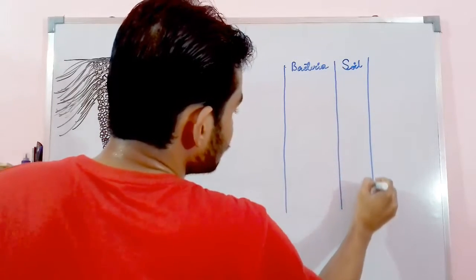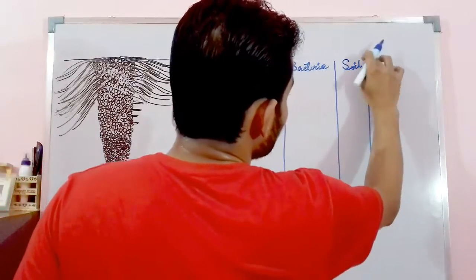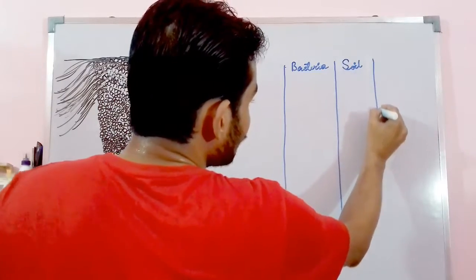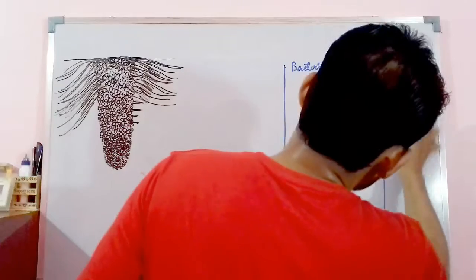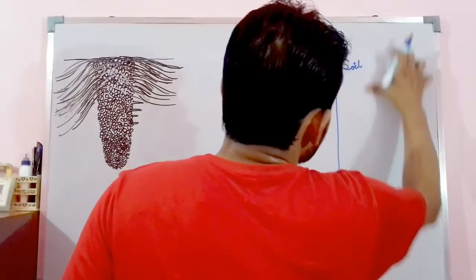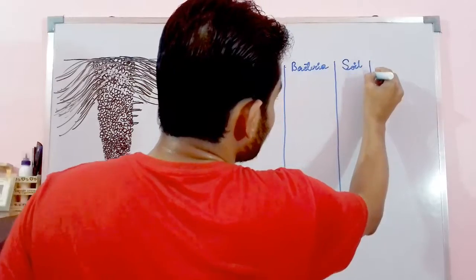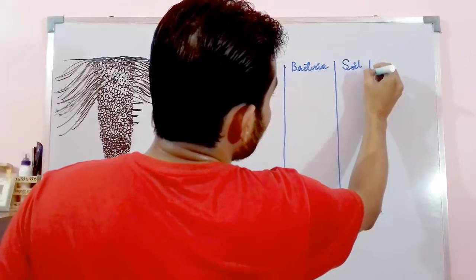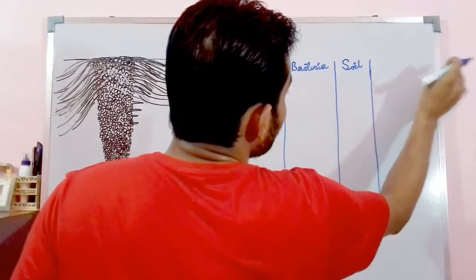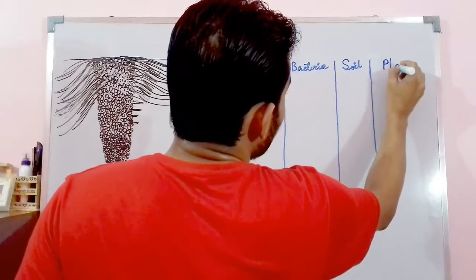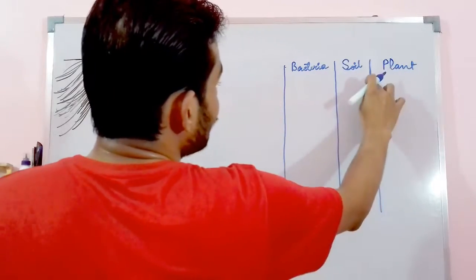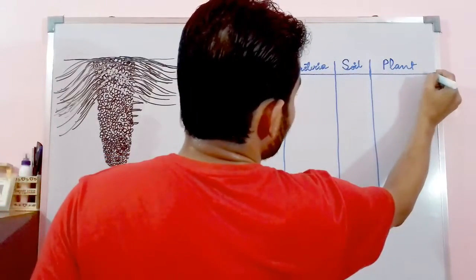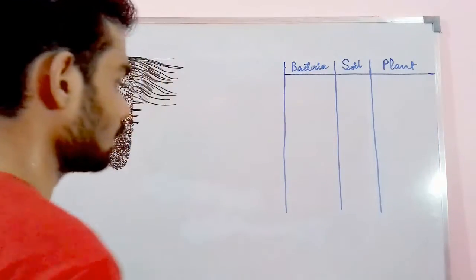And in the third column, let me write plant. Okay, so this is what the column is.